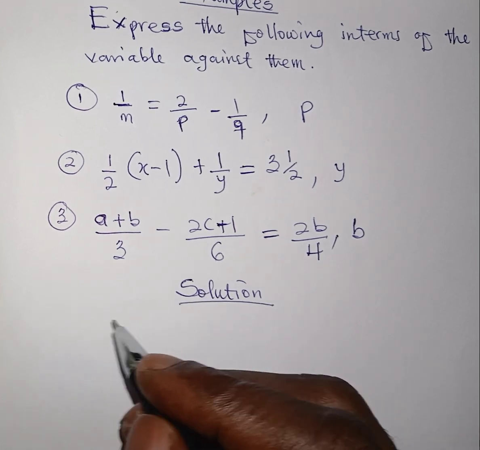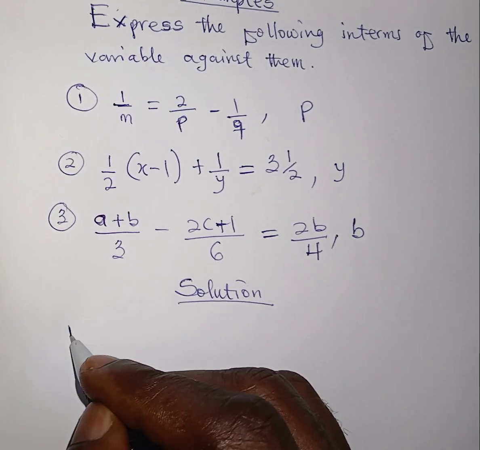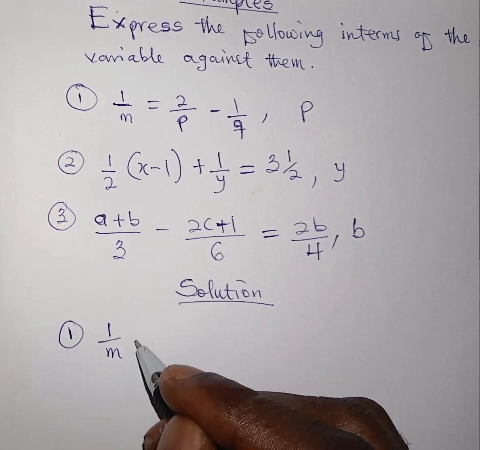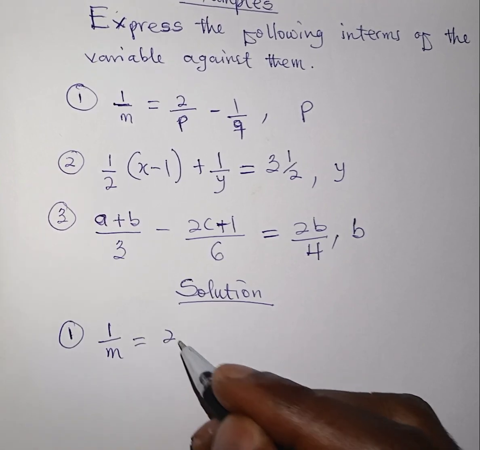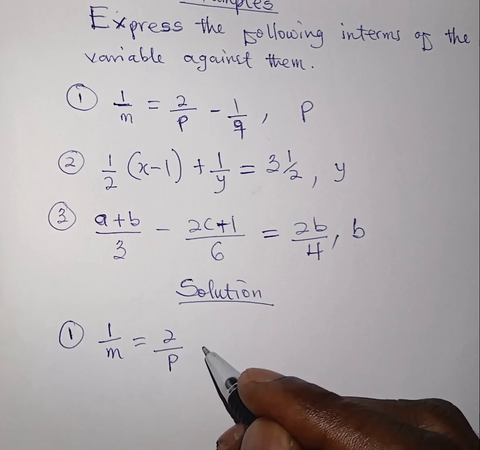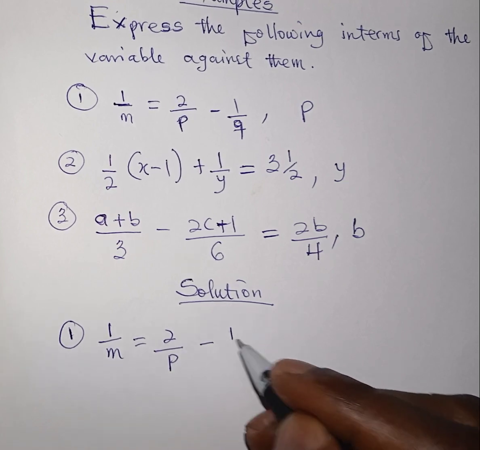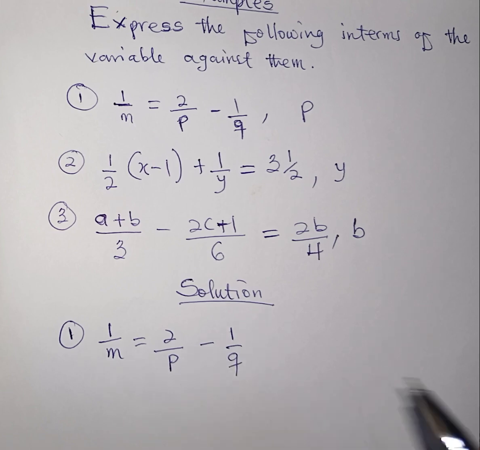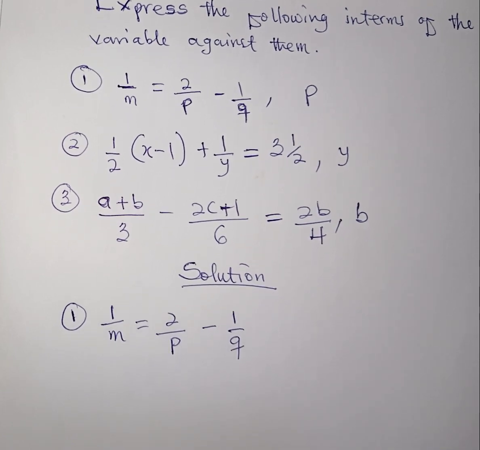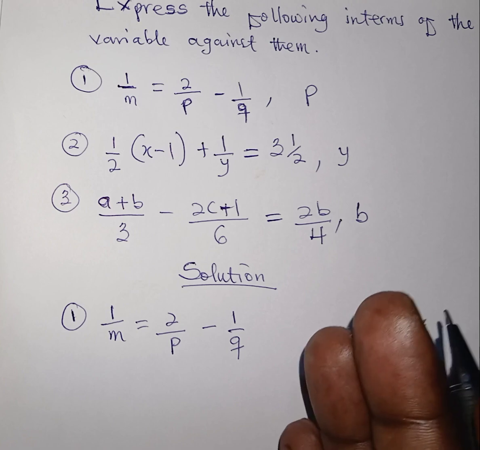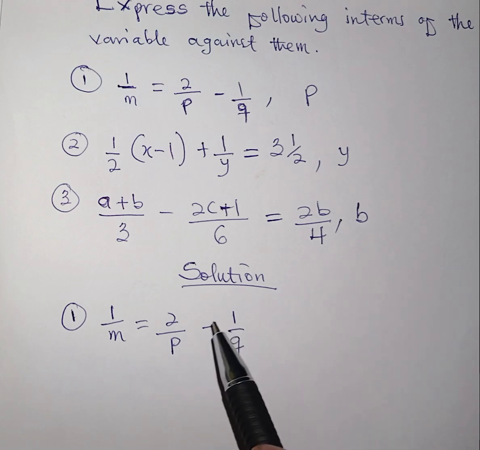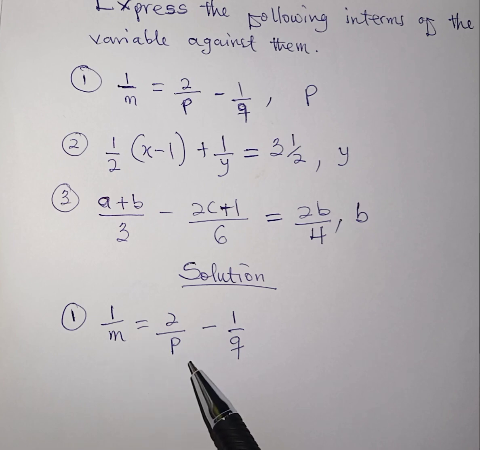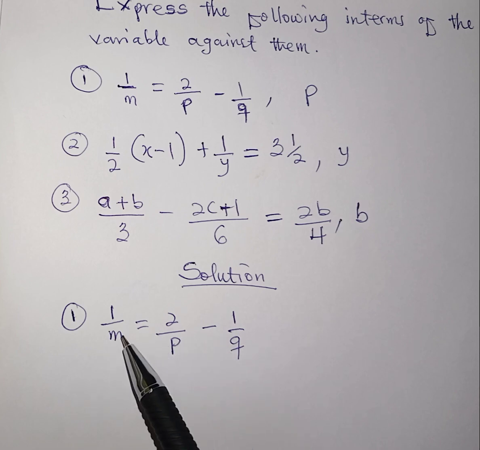For the first example, we have 1 over M is equal to 2 divided by P minus 1 divided by Q, and we are to make P the subject. As I said, when you are given fractions like this, the first thing to do is find the LCM, the least common multiple.